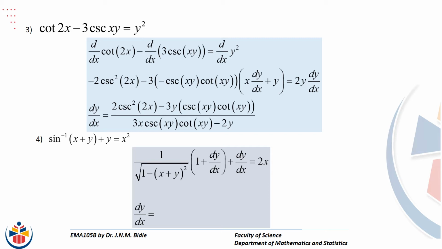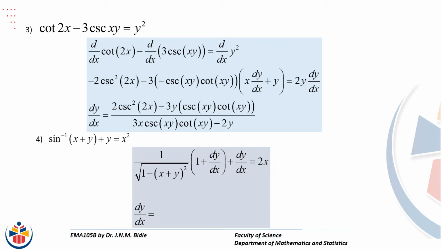Then we go to the second term, which is negative 3 cosec xy. When we find its derivative, negative 3 is taken out, and then we find the derivative of cosec xy. We start with the derivative of cosec. We know cosec gives us negative cosec cot, whatever the argument there is.